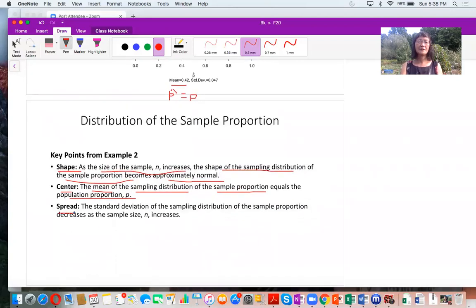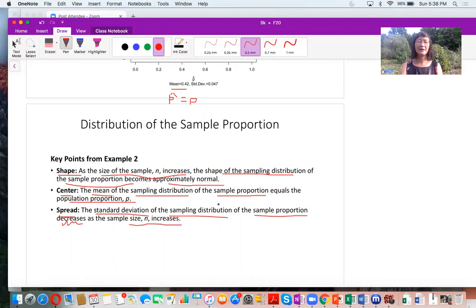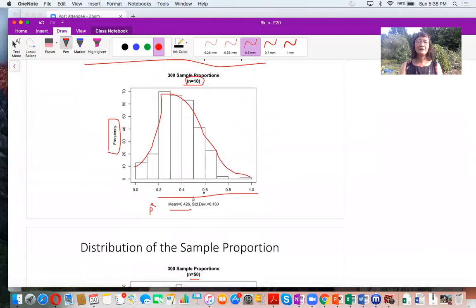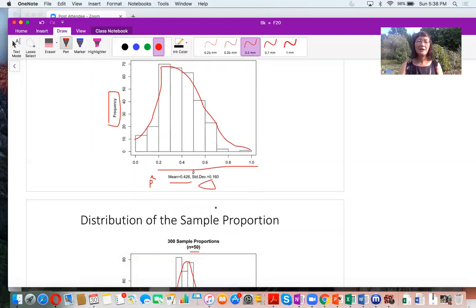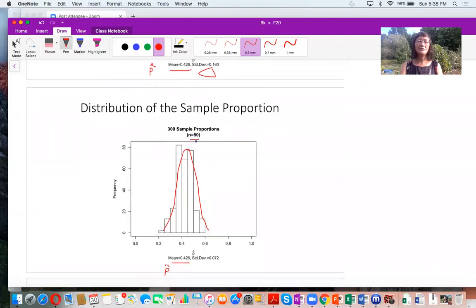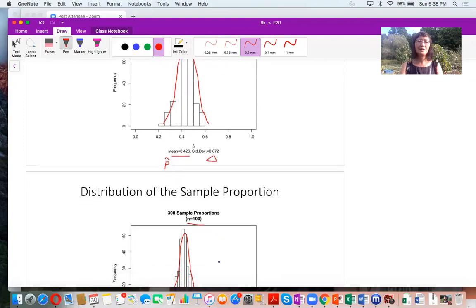The third one, the spread. The standard deviation of the sampling distribution of the sample proportion decreases as sample size n increases. When sample size equals 10, the standard deviation is 0.16. When sample size equals 50, the standard deviation is 0.072.